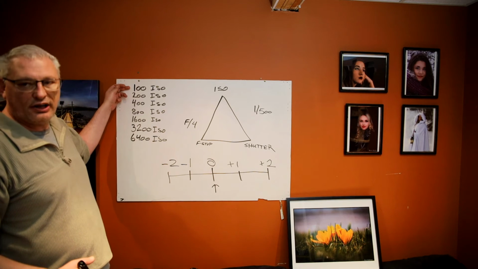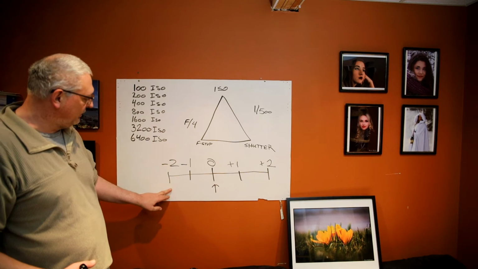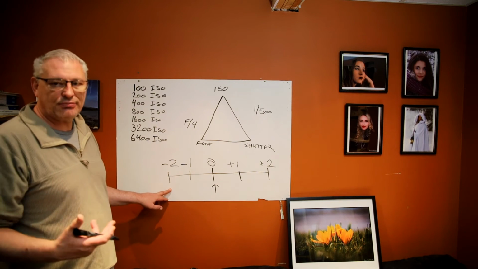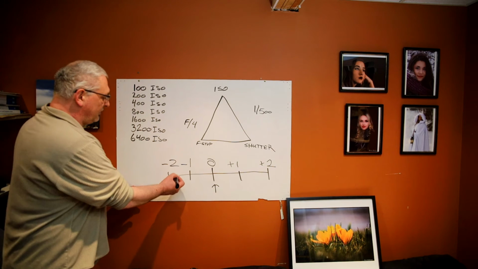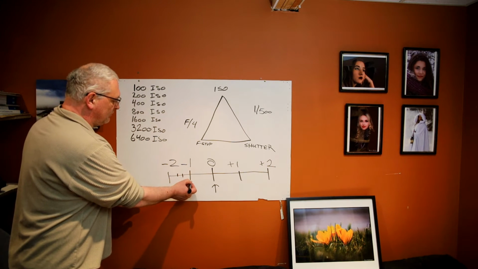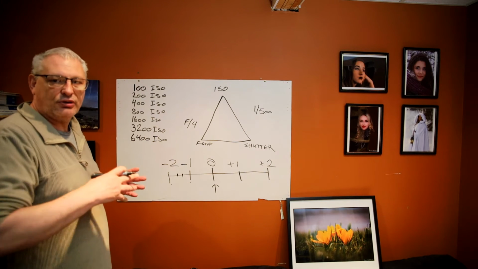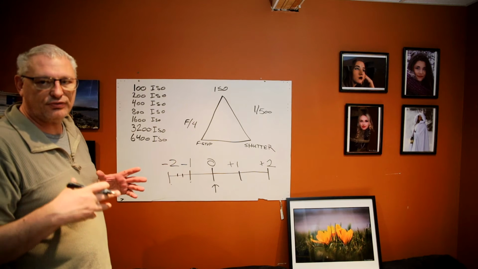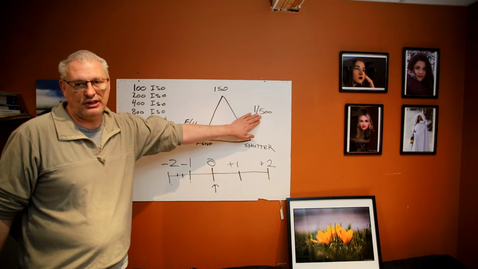So if you're on a 100 ISO and your indicator is at -2, well, every full ISO step you go up is equivalent to one full section here. So it increases and gives you the opportunity for letting in more light and getting the shutter speed that you need.